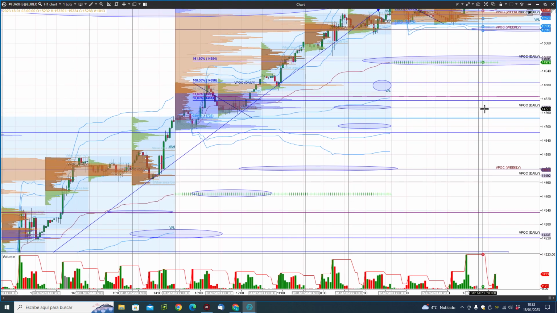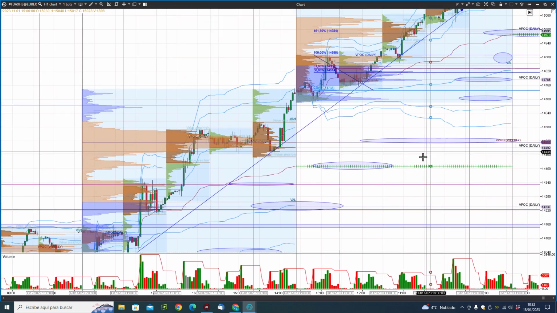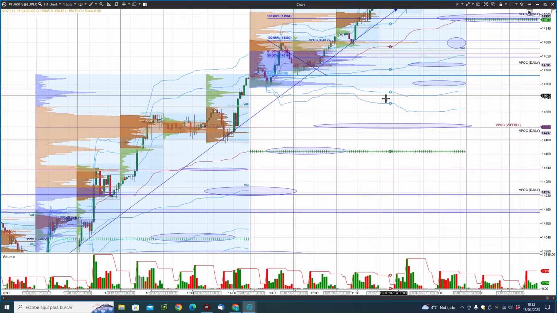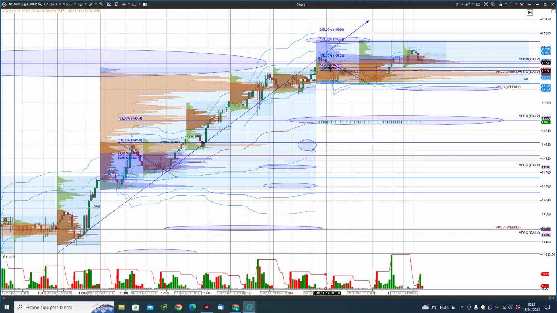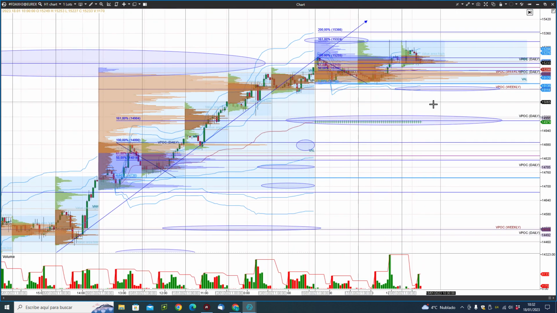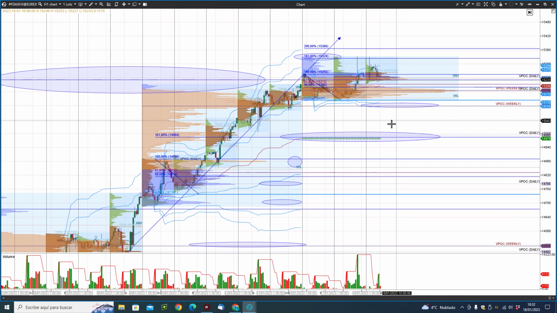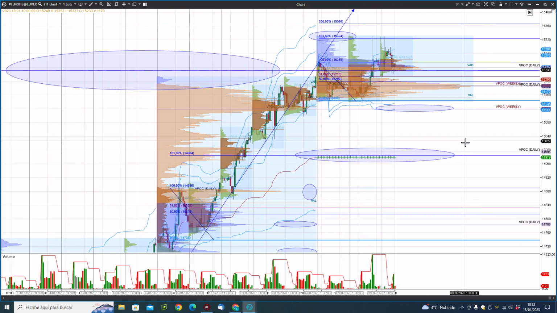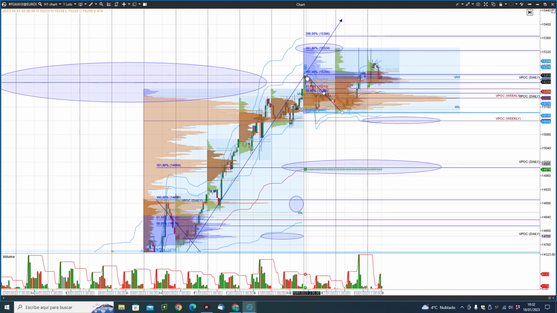In last place, let's refresh the chart and see what happens with DAX. DAX, we have an uptrend line. It has been broken, but the price is still growing. Yesterday we talked about this possible target, the pullback projection, and it was fine.